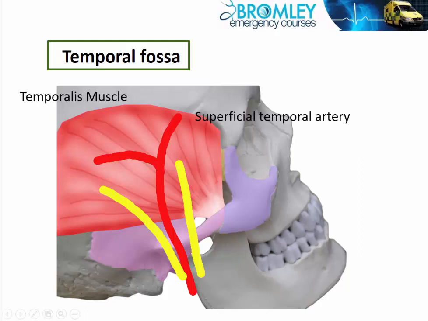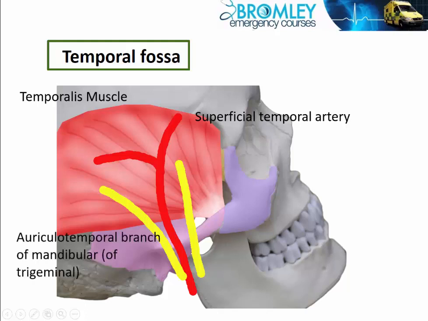We've already met this. It's the terminal branch of the external carotid and runs up before dividing into branches for the scalp. And then there's two nerves we've got labelled here. The auriculotemporal, we've already met this. It's part of the mandibular, part of the trigeminal, runs just in front of the ear, provides some of the sensation for the external ear, and the rest of that mandibular section of the dermatome.